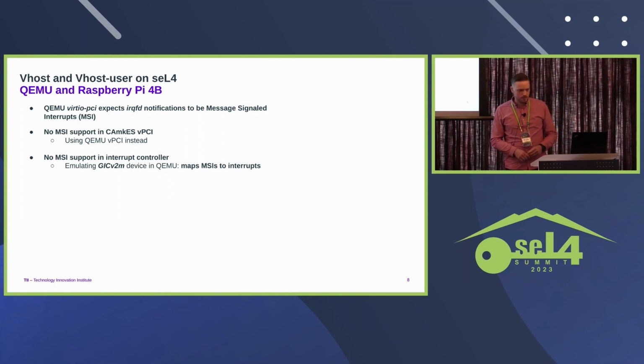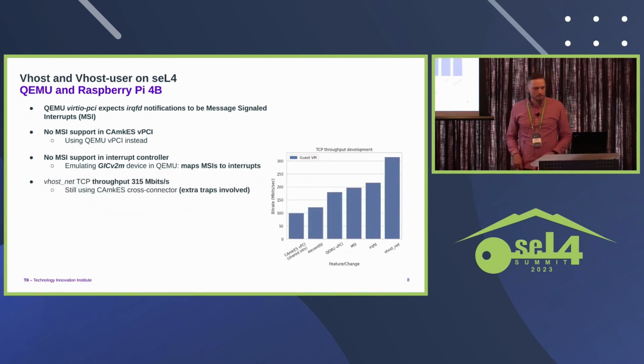GICv2m is basically an extension for GICv2 which provides the MSI functionality. It basically maps these MSIs to interrupts. And with that, we got a throughput of 350 megabits per second.